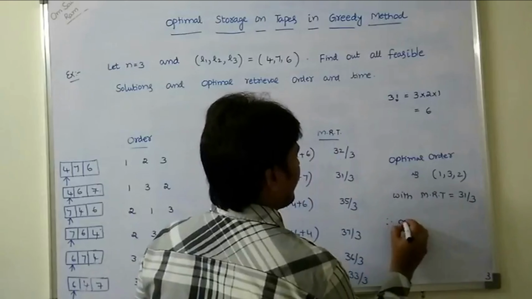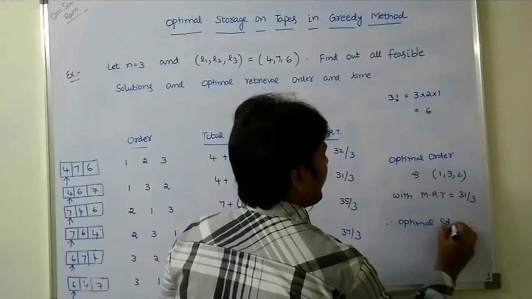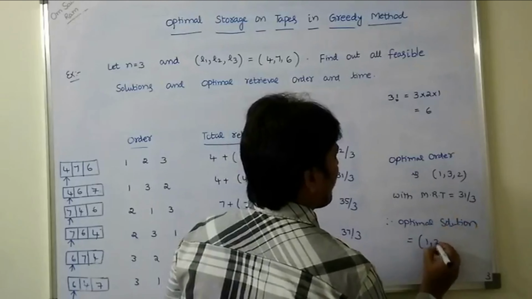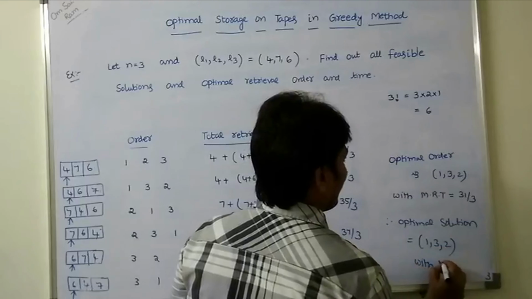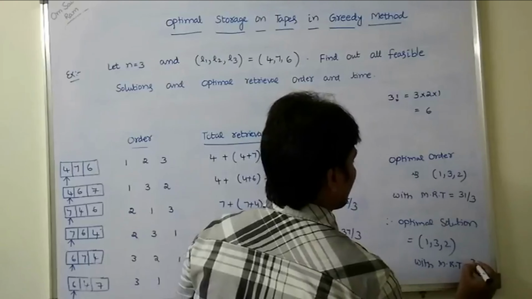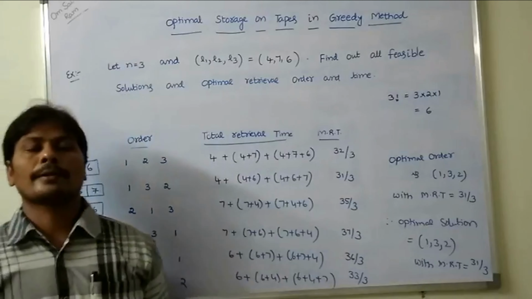So therefore, the optimal solution is 1, 3, 2 with MRT equal to 31 by 3. So in this way we have solved.